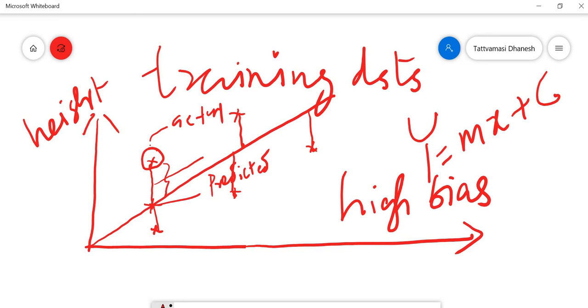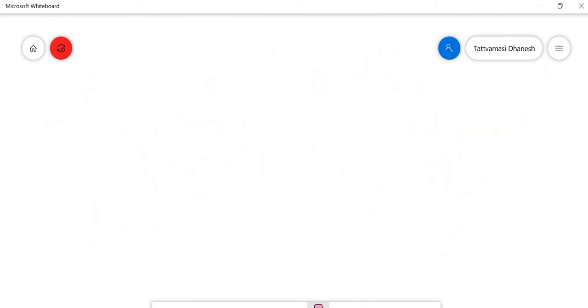See, this is a first degree equation. This model, whatever we discussed, is a first degree equation and it's giving a high bias towards the training data set. Now, for the same training data, I am considering another model.